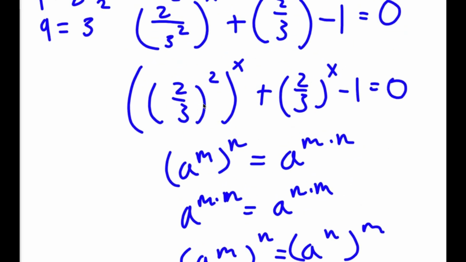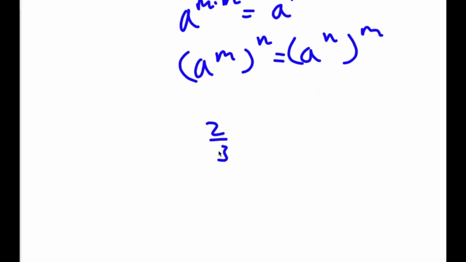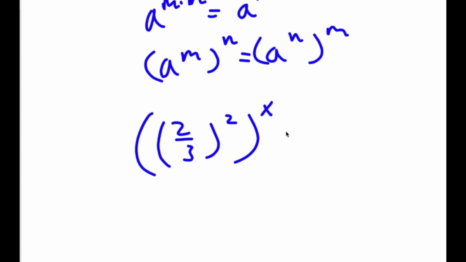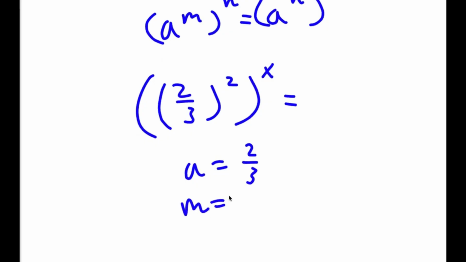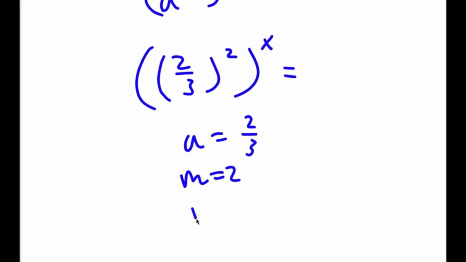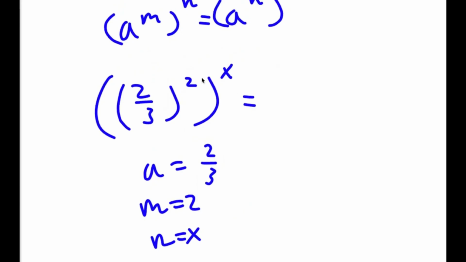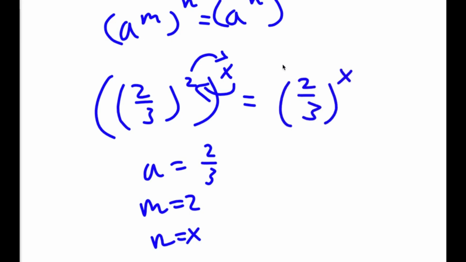So right here, I have 2 over 3 to the power of 2 to the power of x. And I can think of a as 2/3, m as 2, and n as x. So now I can switch the places of these two. So this will get me to 2 over 3 to the power of x, squared.